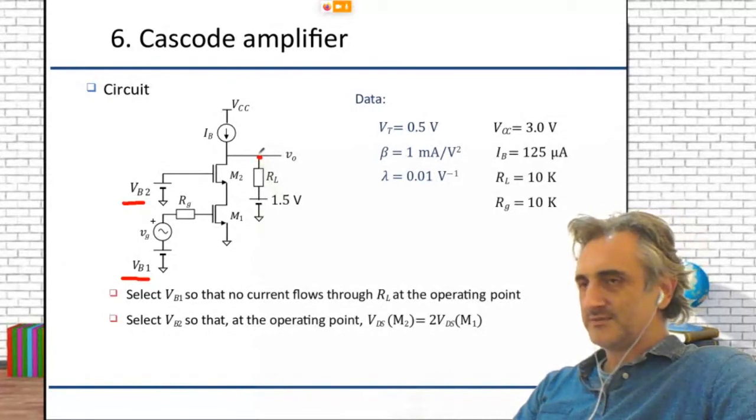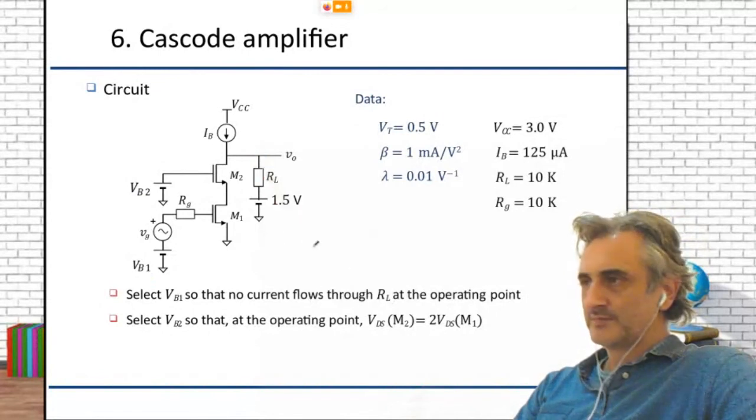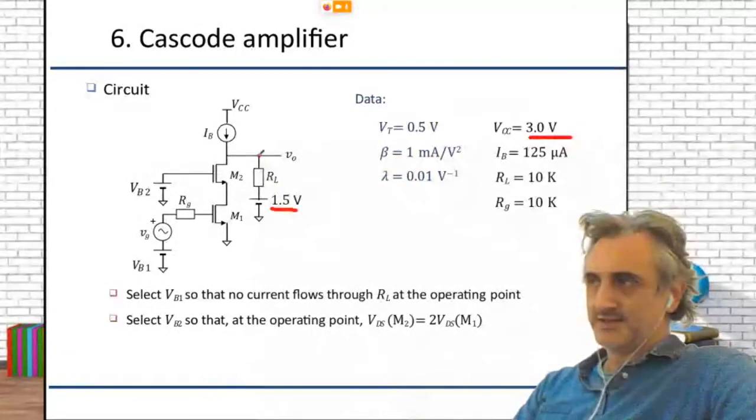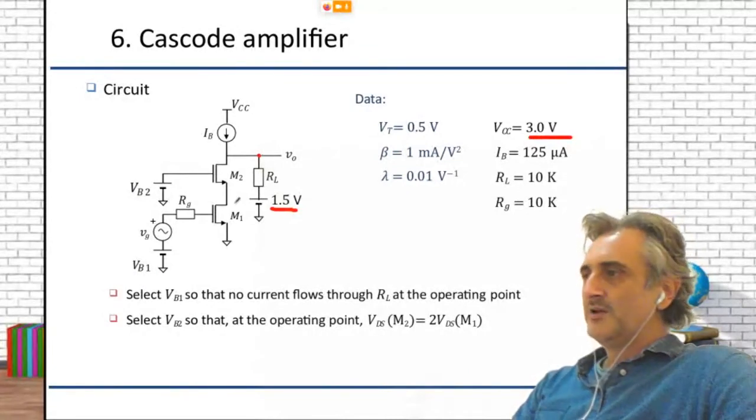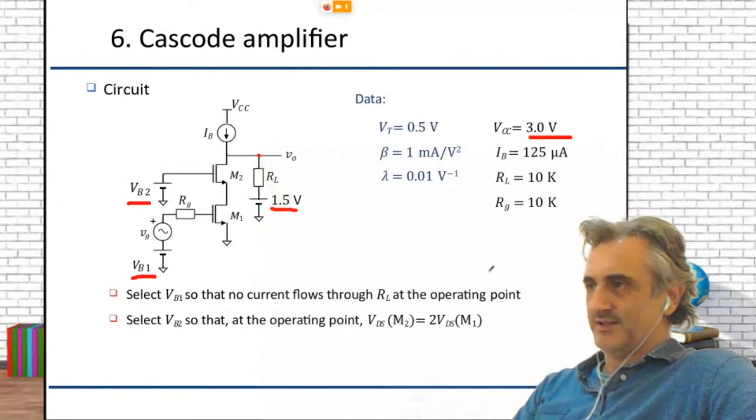Do you understand that? This 1.5 is just half of the maximum voltage, so we are setting this point just in the middle. So we need to select these two voltages so that this is happening.